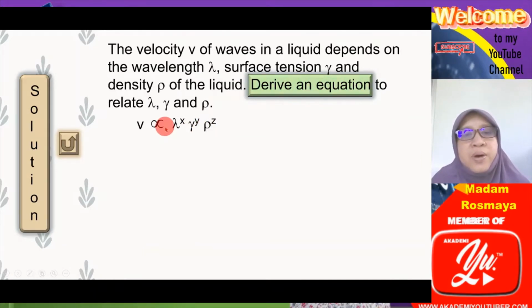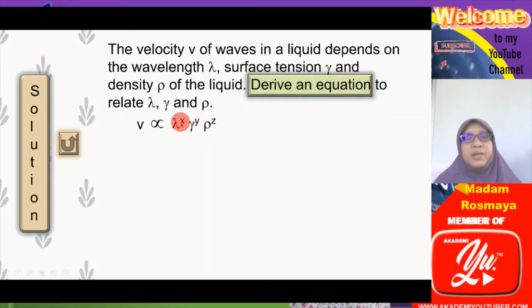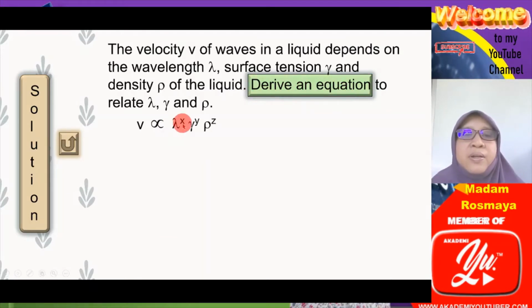We don't know how the velocity depends on the wavelength, whether it is inversely proportional or directly proportional, or any form of dependence on the power of x here, lambda to the power of x.